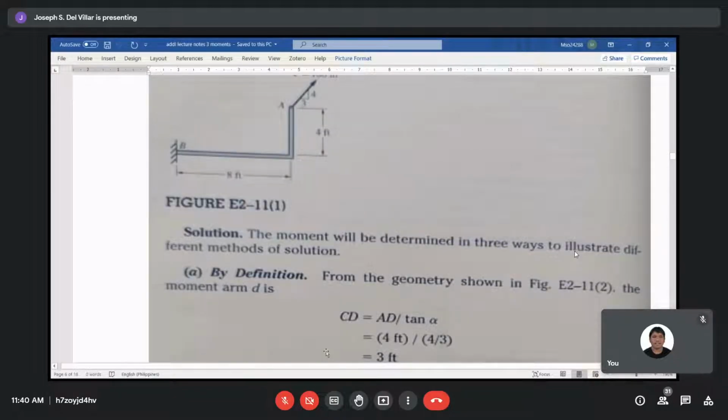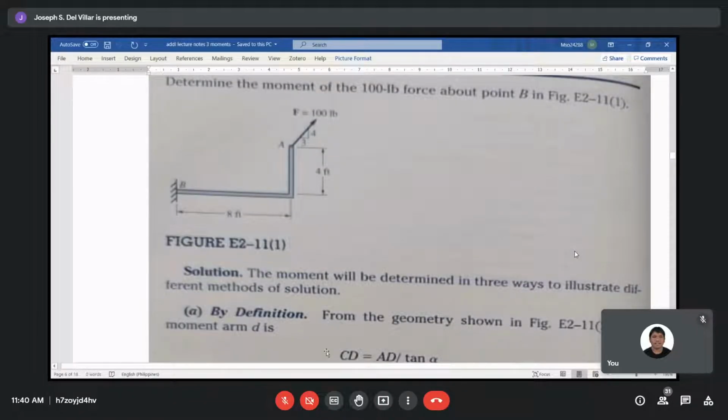Okay. So using Varignon's theorem, 100, itong component niya is opposite. So sine, sine is 4/5. So 100 times 4/5 is 80. Yun yung y component. 80 times 8, positive.